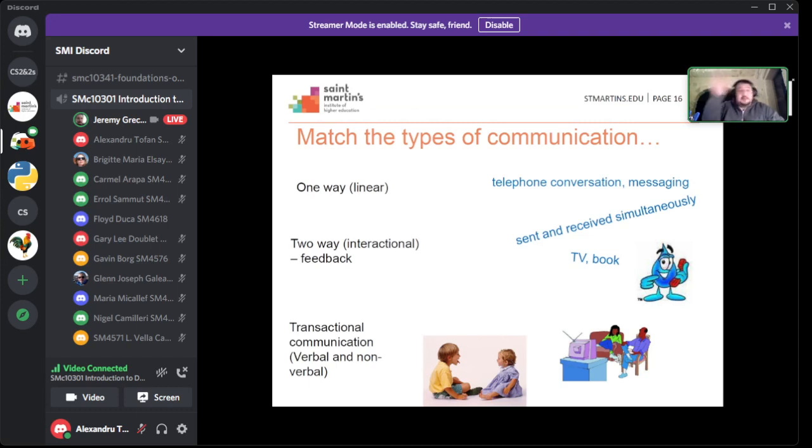In the past it wasn't the case. Nowadays, it's moving towards two-way. It has spent a long time as a one-way system, but nowadays it's moving towards a two-way system. A book is also a one-way form of communication, and so on and so forth.